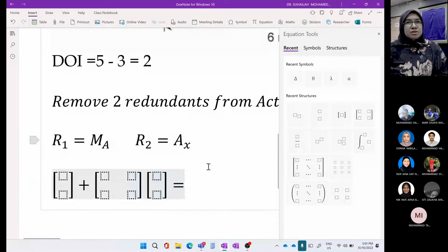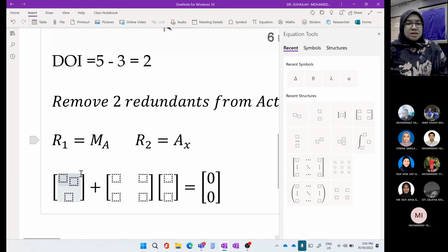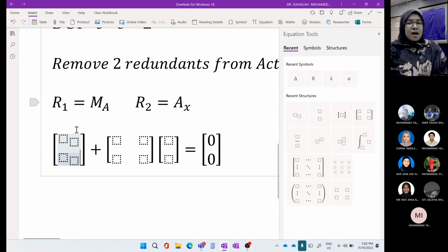And this is equal to 0, the displacement in the actual system, the actual frame. So this is equal to 0, 0. These two are displacements in primary.